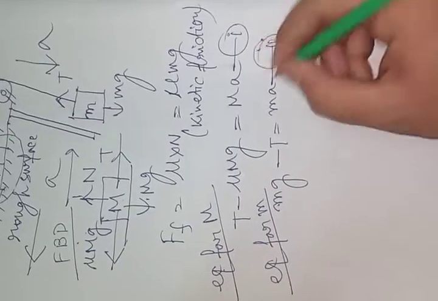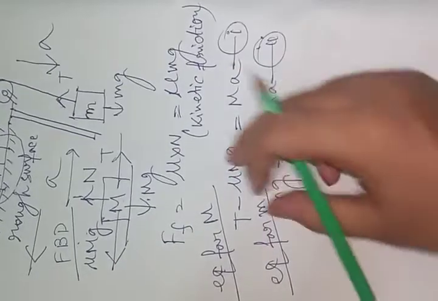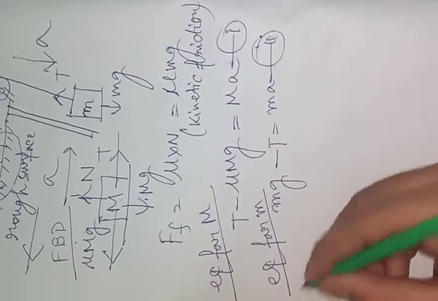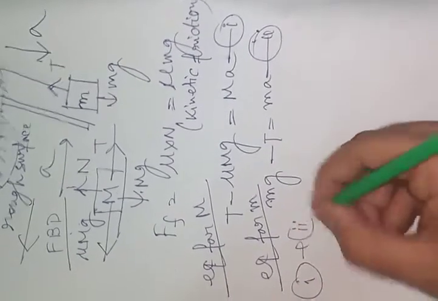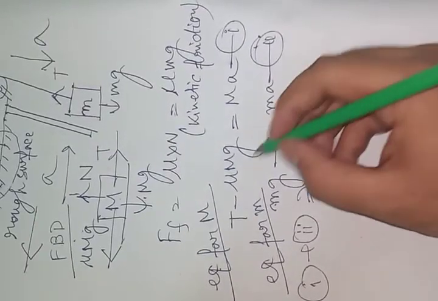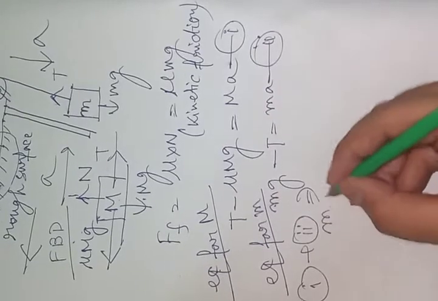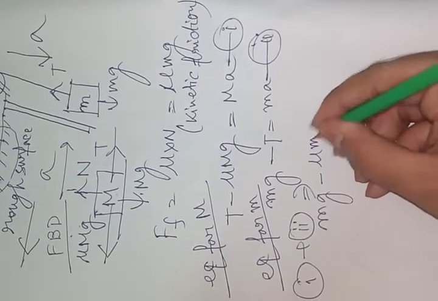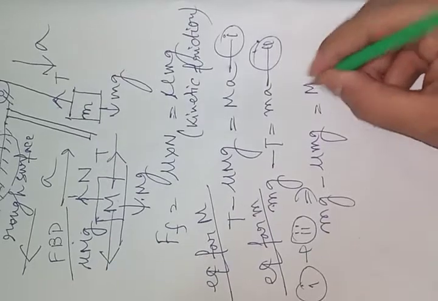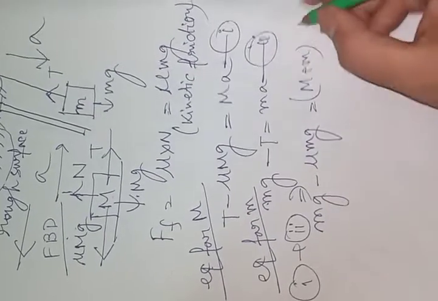Now guys, simply add these, let's say 1 plus 2. If you solve this, T cancels. So mg minus mu Mg equals (M plus m) a.